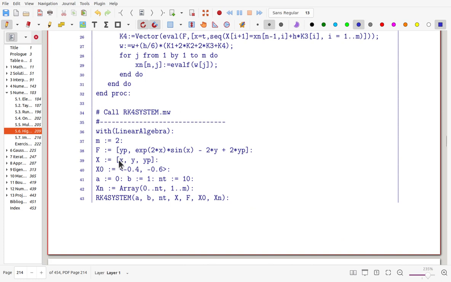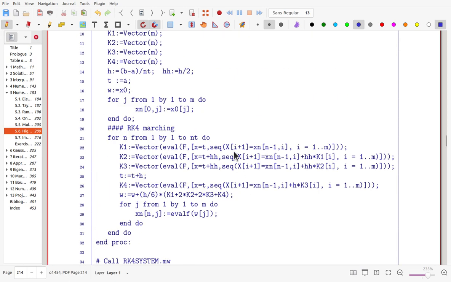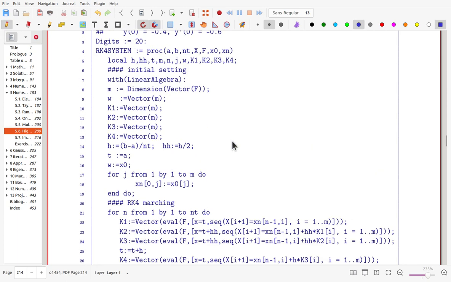Rather than u, we are using y prime. So yp is a new variable, and the other part is written by using yp. So here x and y and yp are variables. By using this x inside the algorithm, it can understand the given f, so that it will understand which variables are the variables to deal with and evaluate. Okay.